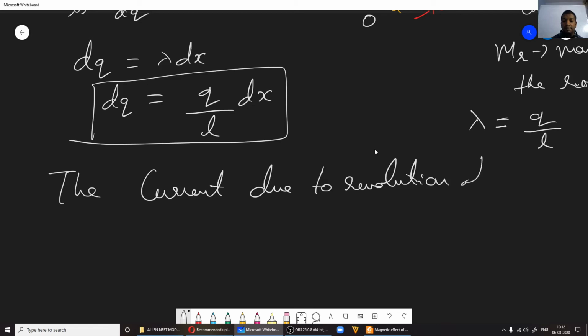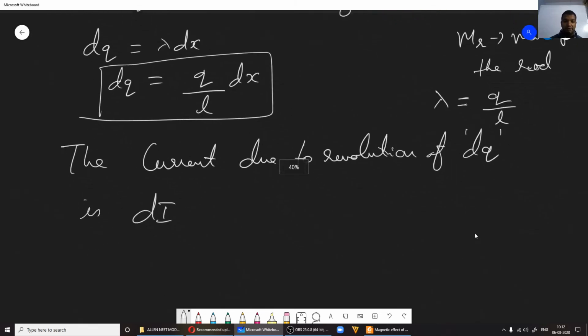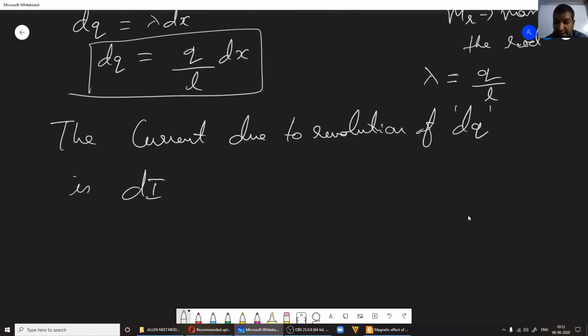Let us say di is the current due to the revolution of dq, because dq itself we can consider as a small charge. The revolution of this small charge will constitute some current, so di you can write as dq divided by t.